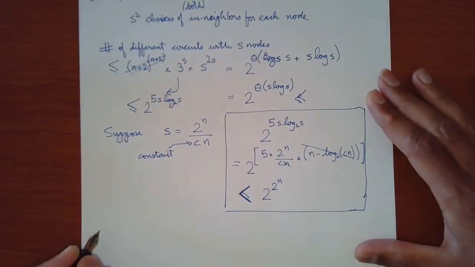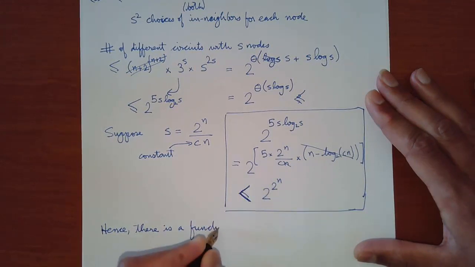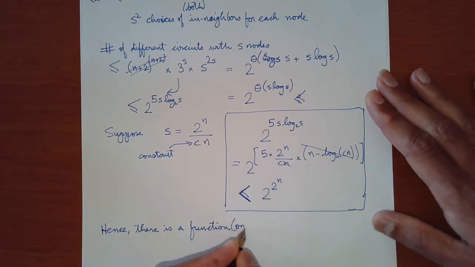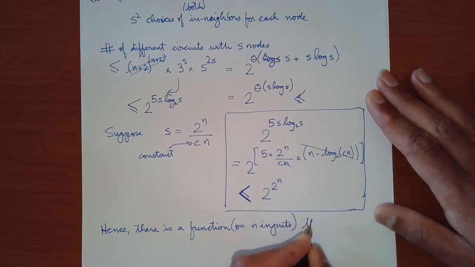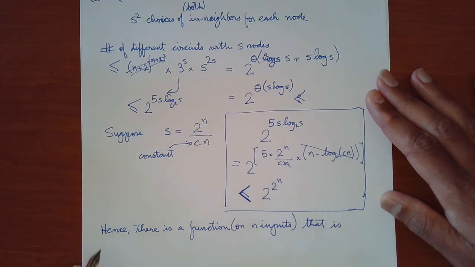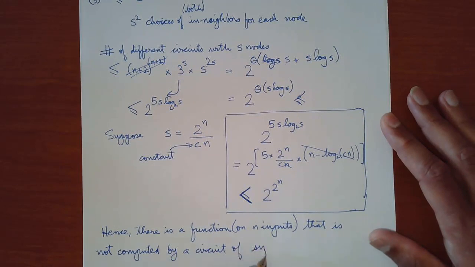So hence, there is a function on n inputs that is not computed by a circuit of size, you can even say at most, 2 to the n divided by Cn.